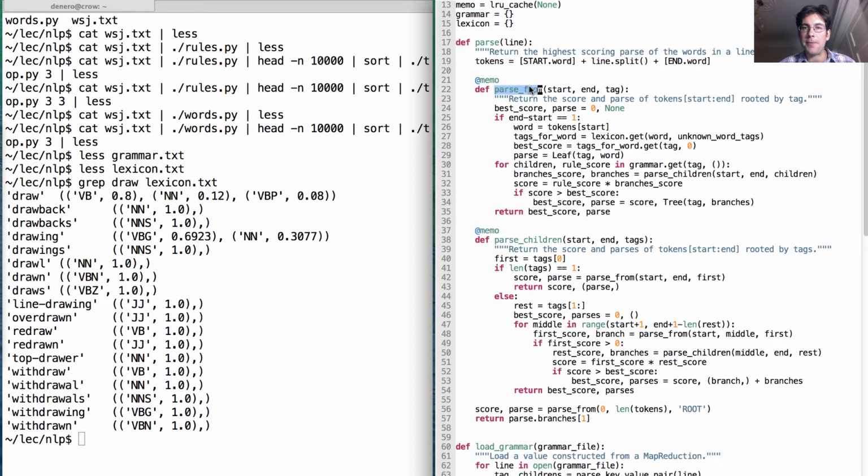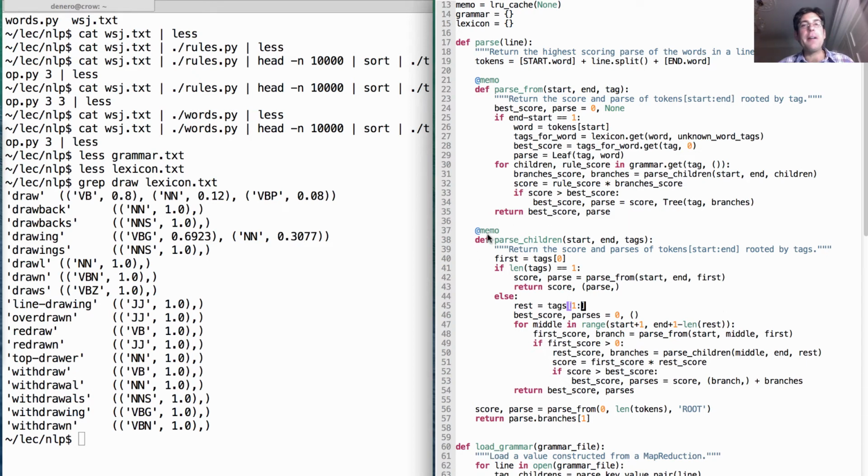So here you see parse from calls parse children, which parses the first child, and then parses the rest of the children. So this is a standard recursive structure for processing trees. Except what we're doing here is we're trying every possible rule, and we're trying every possible way in which you could push that rule over a span by dividing up its elements into the different parts.